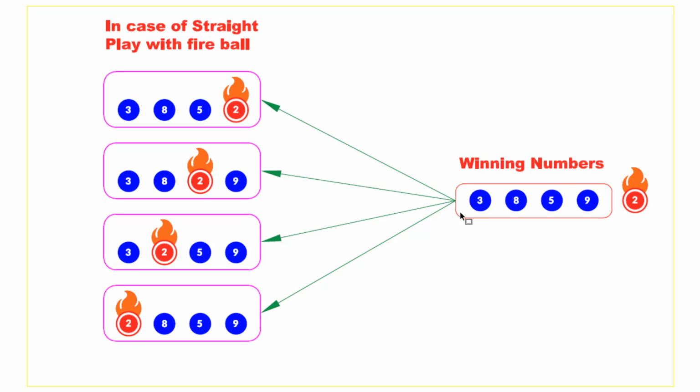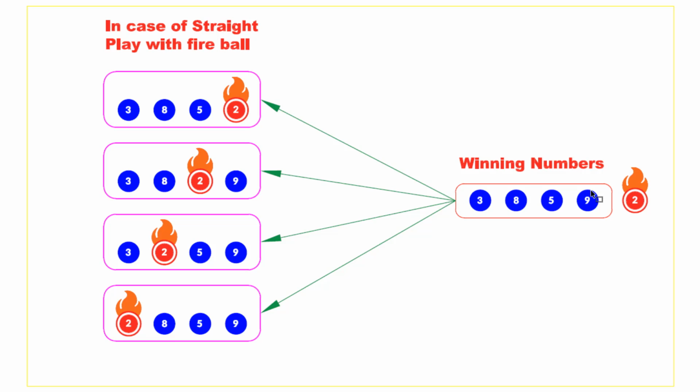So here we replace number 3 with the fireball 2 and we get this ticket, and we replace the second winning number, which is 8, by the fireball 2, and so on until we get 4 winning tickets. And these tickets are now winning under the case of straight play with fireball.